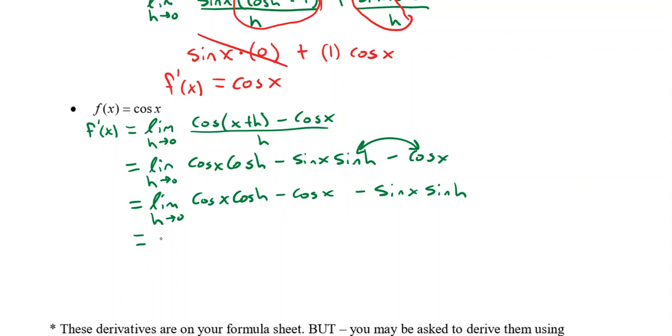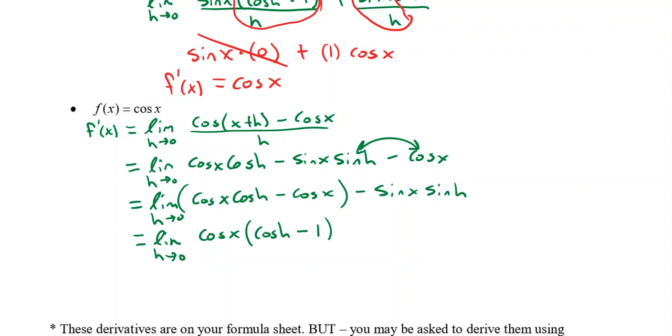Just like before, when I'm done writing this, I'm going to factor out a cos x this time, just out of this part. So this would be cos x, and then I have cos h minus 1.